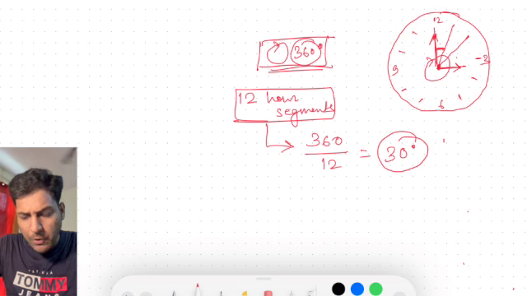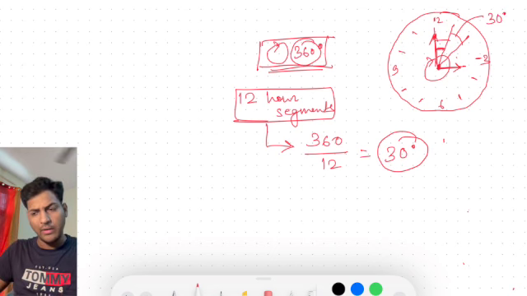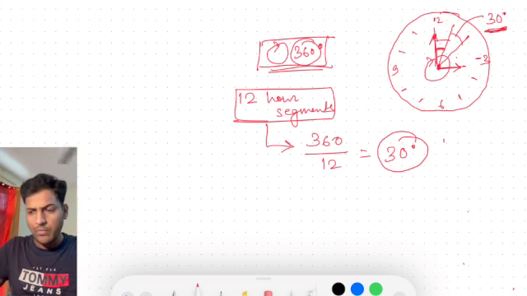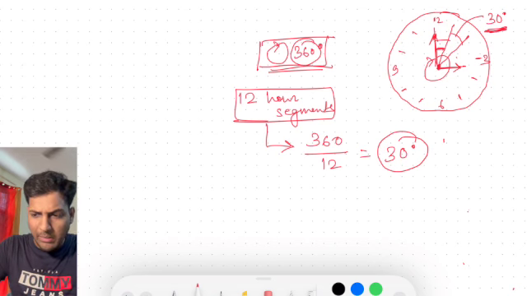Each of these segments is nothing but 30 degrees. Are you getting? Each of these segments is 30 degrees.